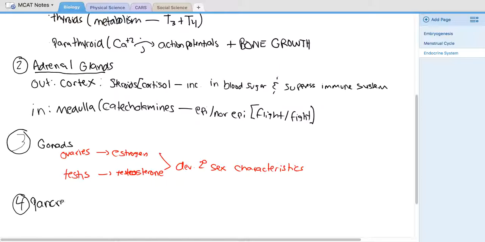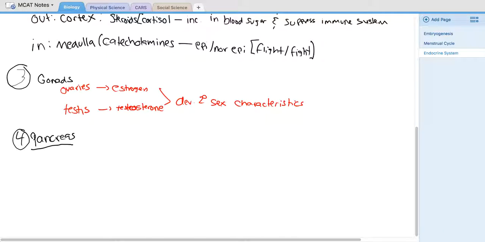And lastly, we're going to have the pancreas. Pancreas is very important for metabolism. So you've got alpha cells, which will produce glucagon. And glucagon's main function is to break fats to sugar.